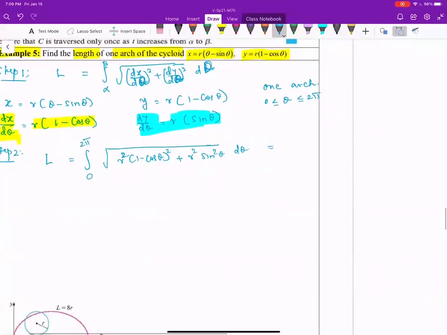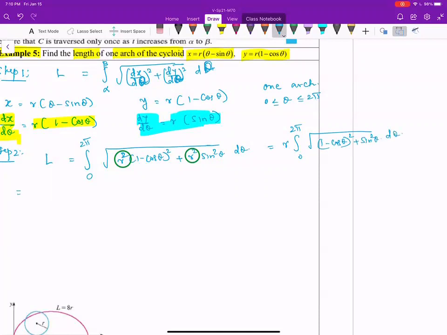So we can take r squared out, but it is within the radical. When you pull it out of the radical, it becomes just r, integral 0 to 2 pi, square root of (1 minus cosine theta) the whole square plus sine squared theta.